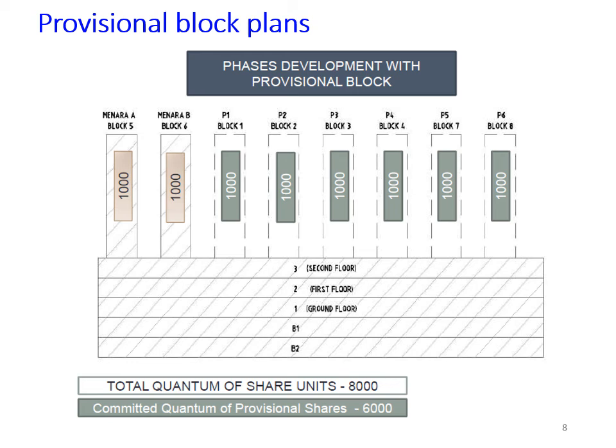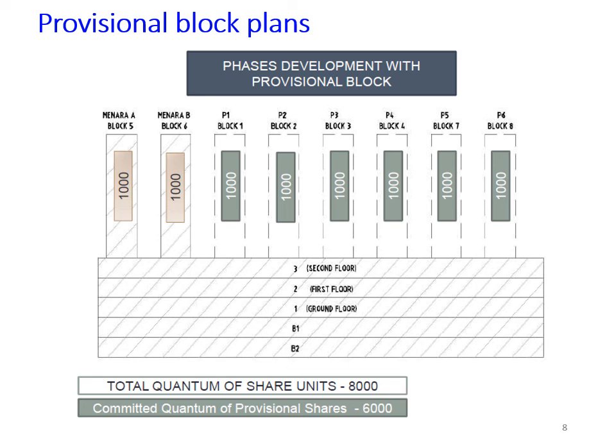So 8,000 refers to this situation whereby we refer back to the provisional block just now. We have 1, 2, 3, 4, 5, 6, 7, 8. 8 blocks, each carrying 1,000 share units. So 8 times 1,000 is 8,000. Clear?